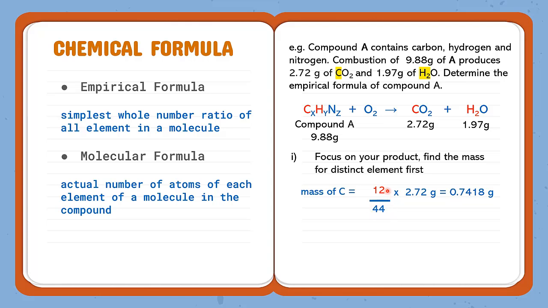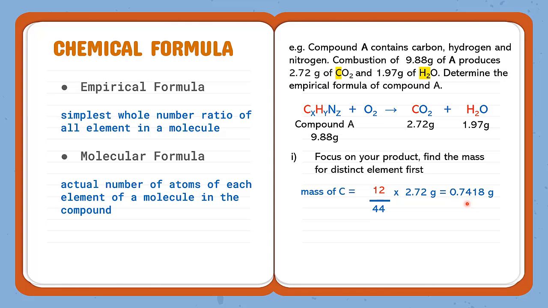So it will be 12 gram per mole of carbon divided by 44 gram per mole of CO2. And then you need to multiply it by the reference value of carbon dioxide given earlier, which is 2.72 grams. Lastly, you get to know the mass of carbon in compound A is actually 0.7418 grams.